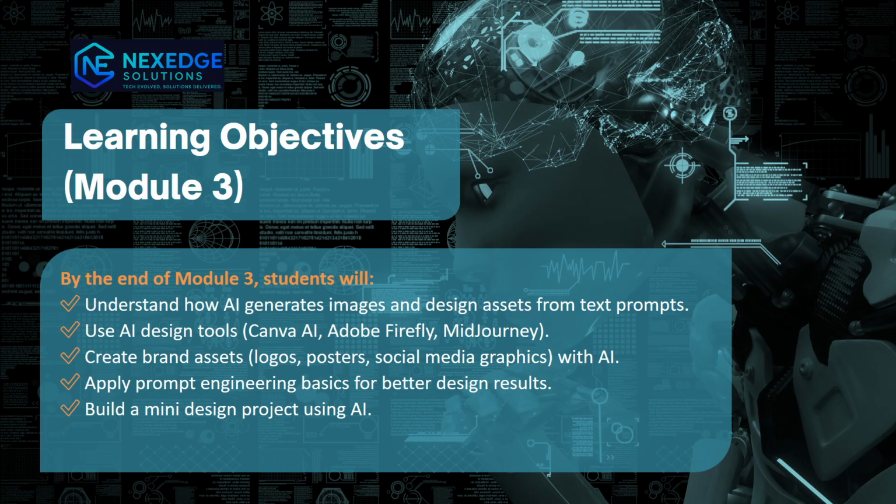By the end of module 3, students will understand how AI generates images and design assets from text prompts, and also use AI design tools such as Canva AI, Adobe Firefly, and Midjourney, and also create brand assets like logos, posters, and social media graphics with AI, and also apply prompt engineering basics for better design results.